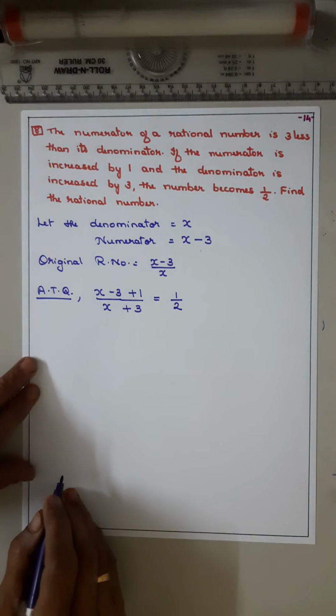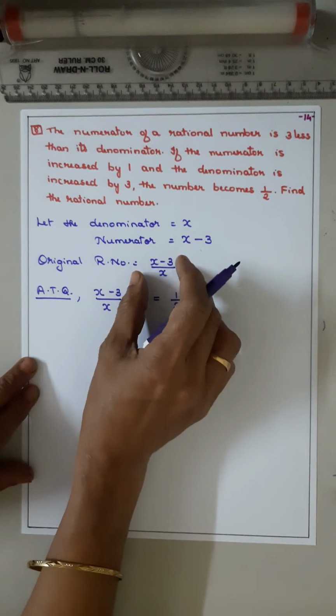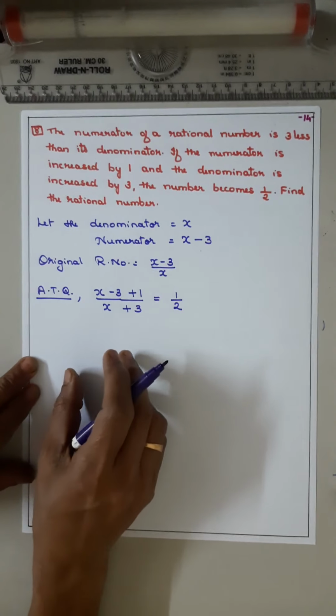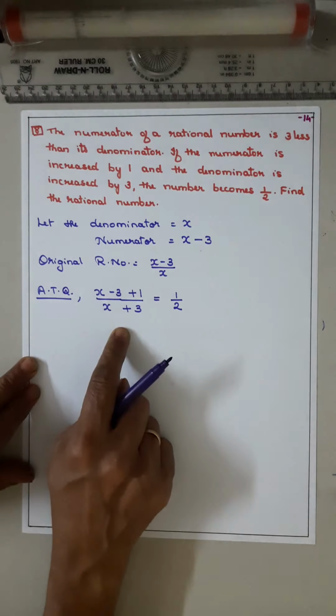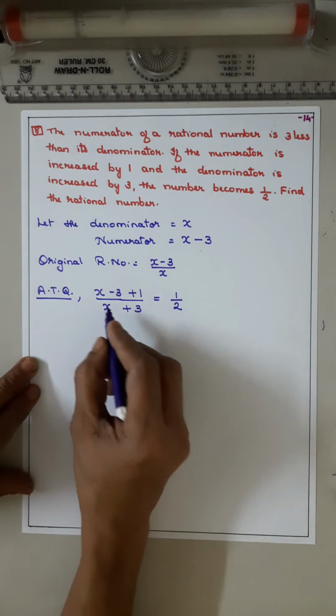So the rational number you get is x minus 3 upon x. But according to the question, if you add 1 to the numerator and 3 to the denominator, it will be 1 by 2. Now solve it.